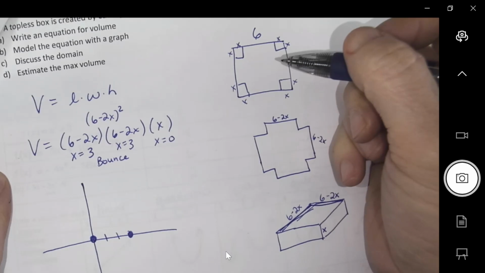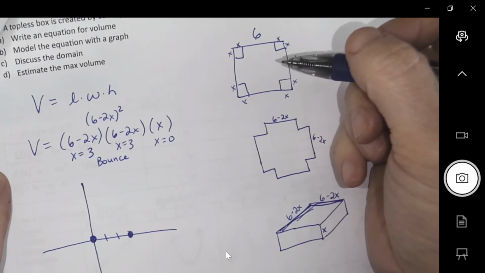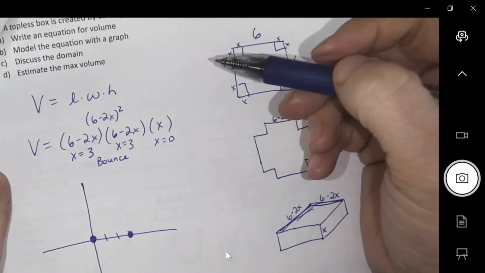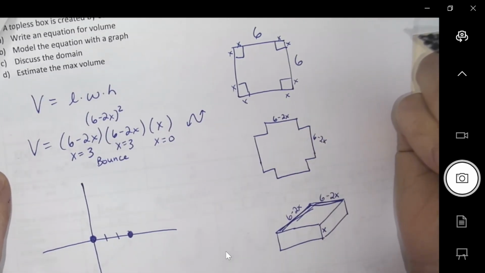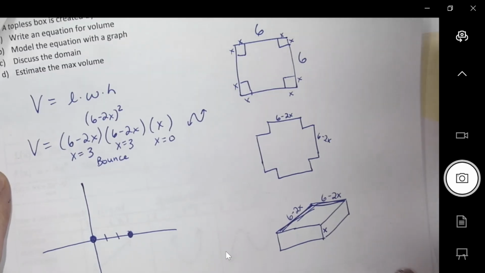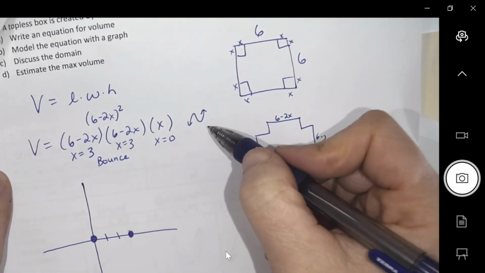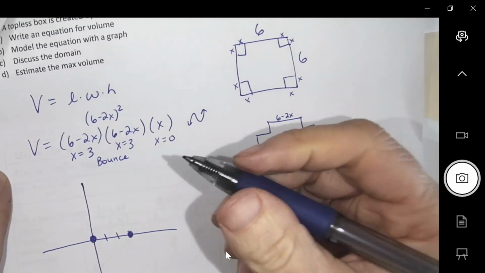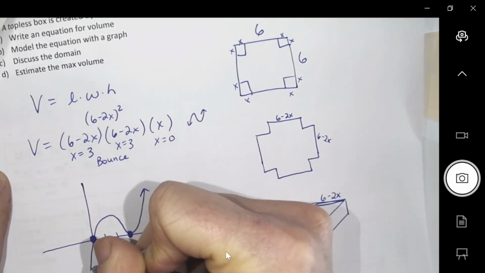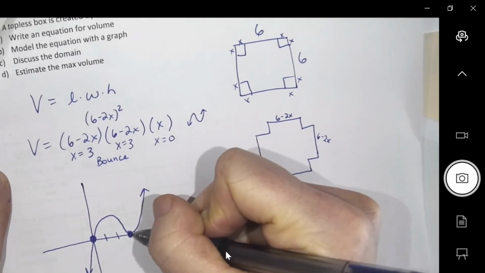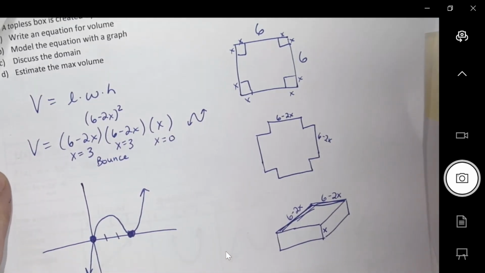What kind of shape or letter does it make when you graph this? N shape. It's cubic. Volume is cubed, right? So you're going to do an N shape. Make sure you bounce at 3. Did you notice that I didn't do my y-intercept?